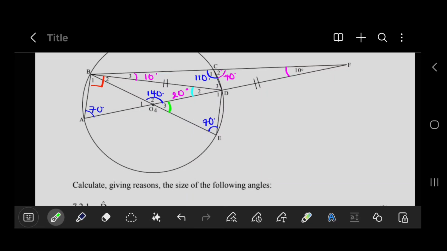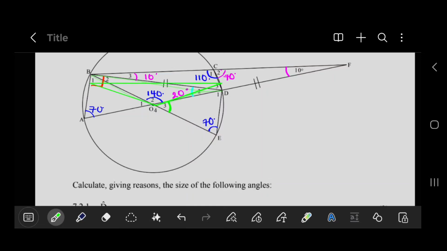But the way in which they test them is that if it's not explicitly stated that this is an isosceles triangle, and if they want to trick you a bit, what they usually do is they hide the isosceles triangle inside the circle, where here we have an isosceles triangle called OBD.